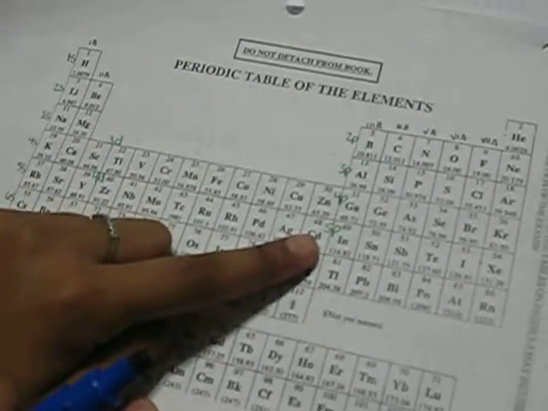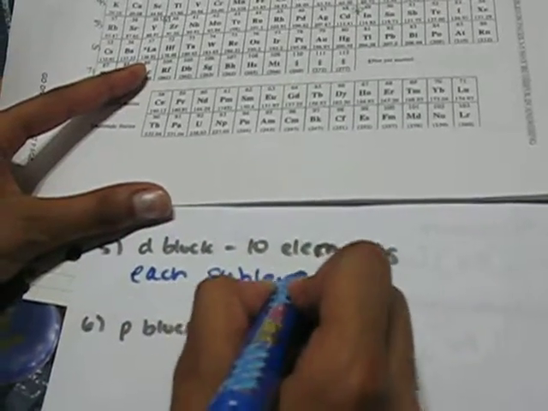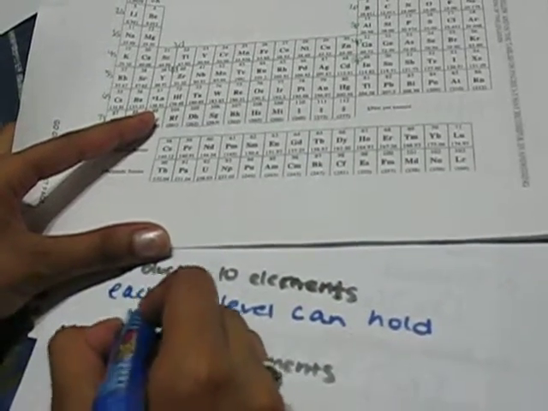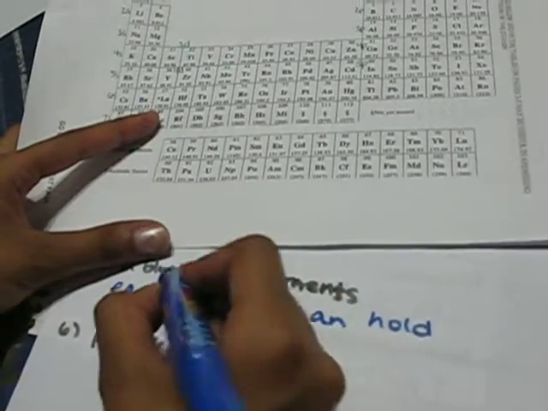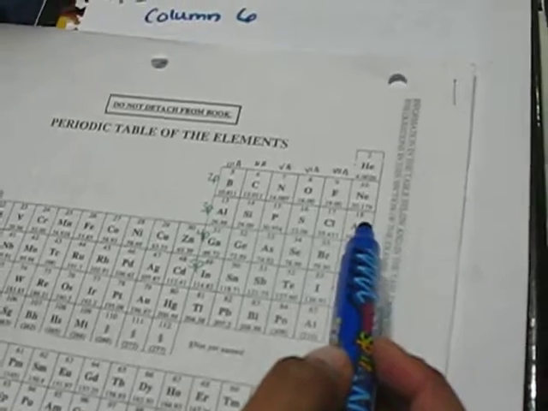So 10 elements means that there are 10 electrons added to each d sublevel. And same thing for the p block. There are 6 elements because the p sublevel can hold only 6 electrons.